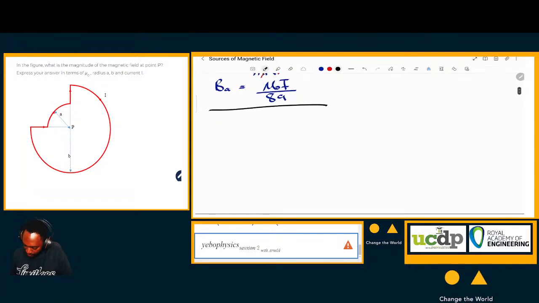Now let's work out for the larger radius. BB equals mu naught I over 4 pi b squared times the length of the arc.